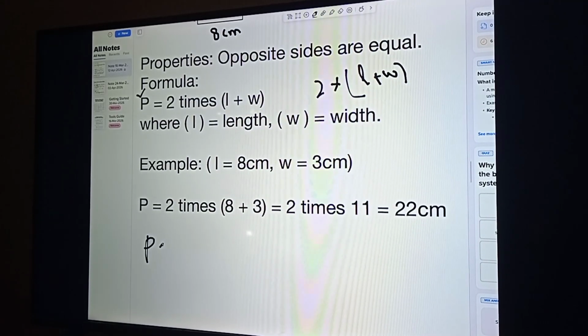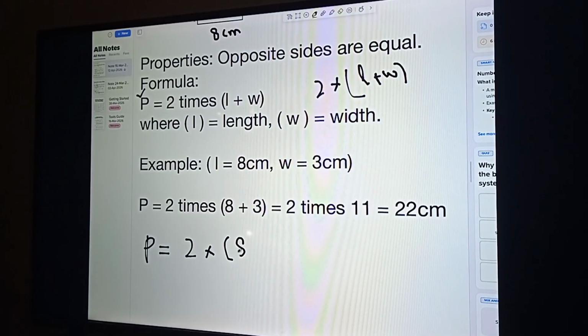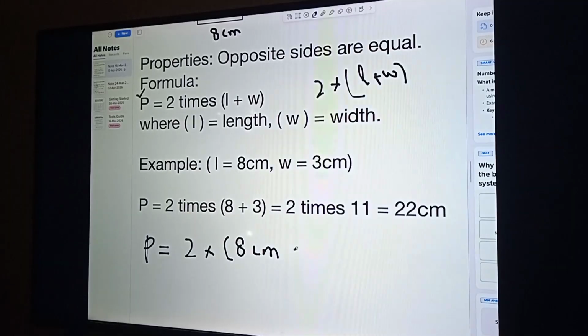perimeter is equal to 2 times (length, which is 8 centimeter, plus 3 centimeter).